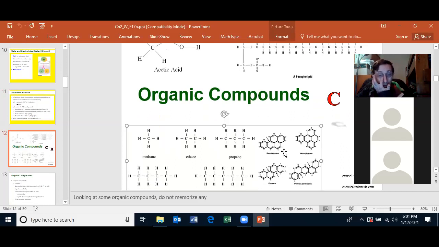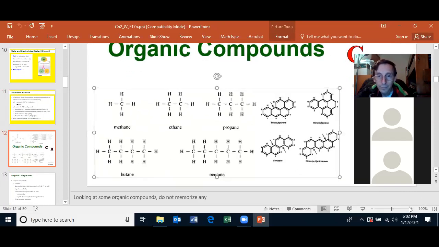And when you draw it this way, you don't have to put in the hydrogens. There are no molecules attached to any of these except for hydrogen. You don't have to draw in the hydrogens when you draw it this way.